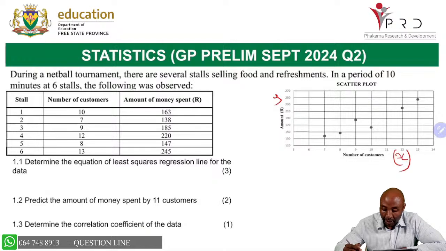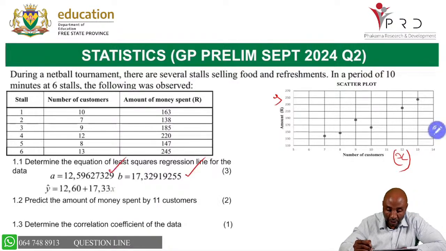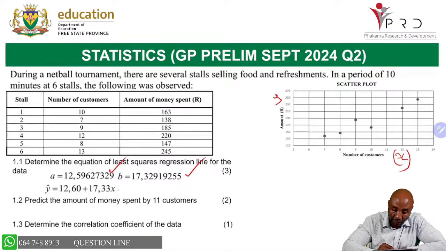So we will get our A as 12,59627,329. Our B, we got it as 17,32. So value of A, value of B, then we get our equation as Y is equal to 12,60 plus 17,33x, we get our 3 marks.